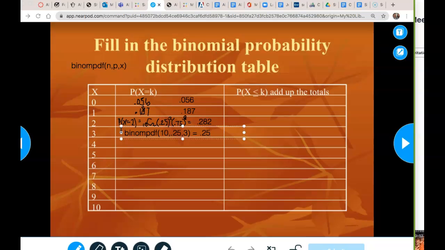Originally, we had 39% of our students got 2 questions right, and 22% of our students got 3 questions right. So we were pretty close with our simulation. We knew that probability of getting no questions right, 5% chance.